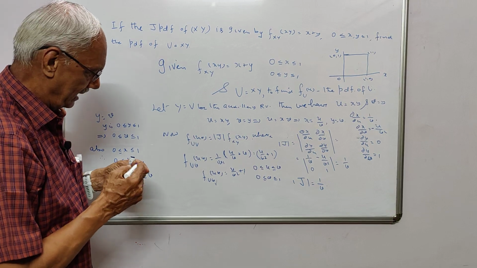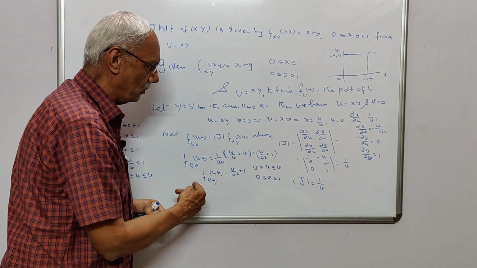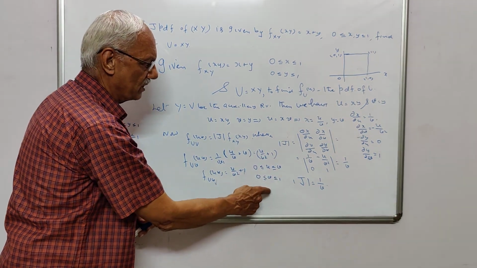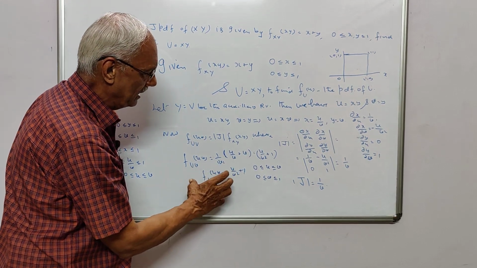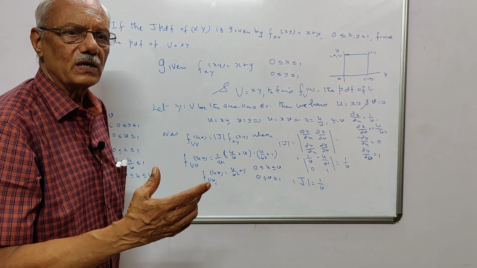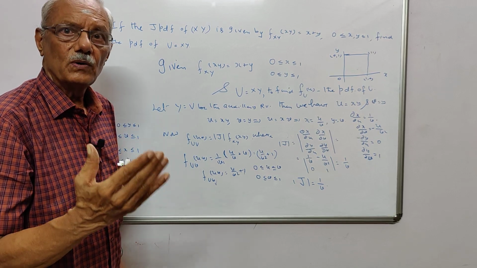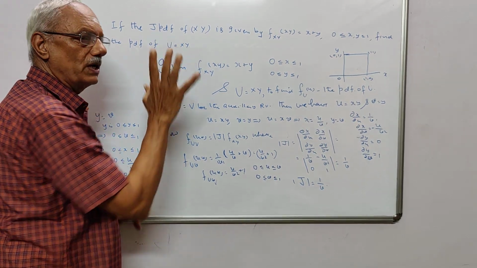So this joint probability density function of uv is defined in this particular interval. Now that having got this joint PDF, I can go for finding the probability density function of u which is equal to xy.